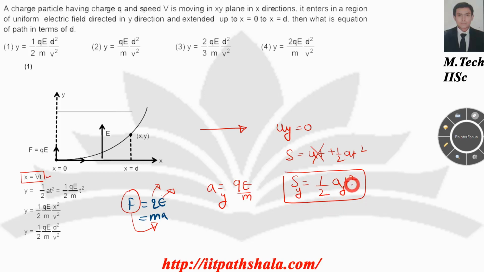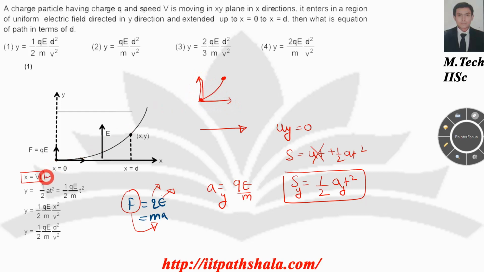Now you have to take care of the time t. To travel any length in the x direction or in the y direction, it takes the same time. If your particle is moving from here to here, or from here to here, it takes the same time.